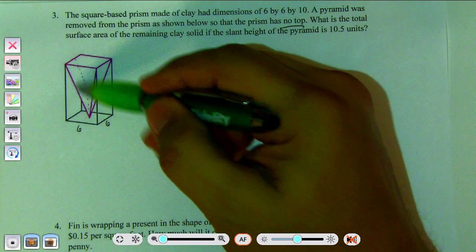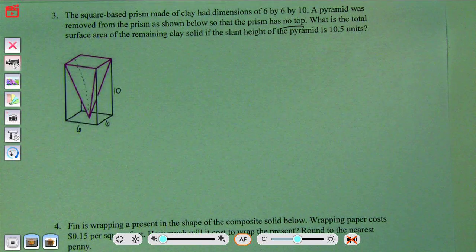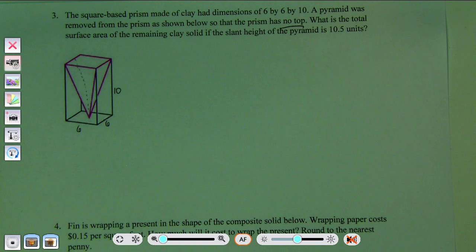Since I've carved this pyramid out of the middle, that pyramid is actually going to be considered part of the surface area. Think about a house which has the traditional kind of pyramid roof, but you pick the roof up and you flip it upside down and put it inside the house. There's that indentation that's in the house.